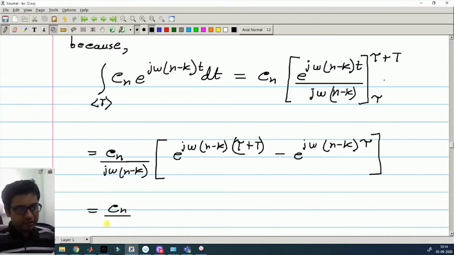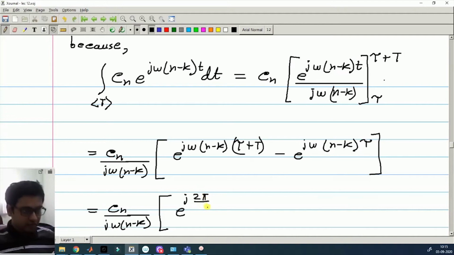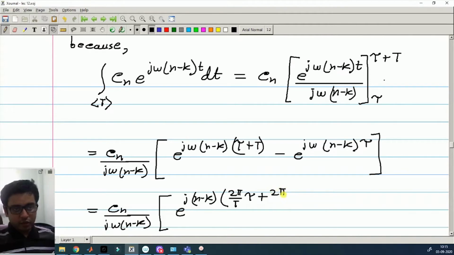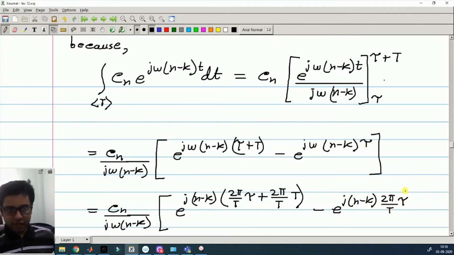Or I can also write, by replacing omega with 2 pi over T, n minus k first, and then 2 pi over T multiplied with tau and 2 pi over T multiplied with T. That's the first term, and minus e to the power j omega, n minus k, and then in place of omega put 2 pi by T multiplied with tau.